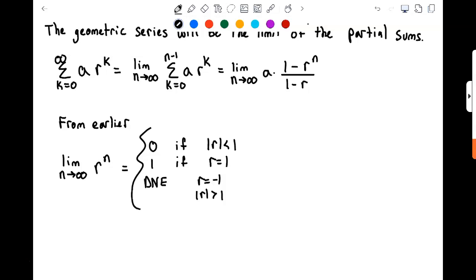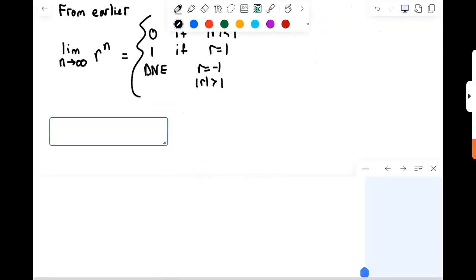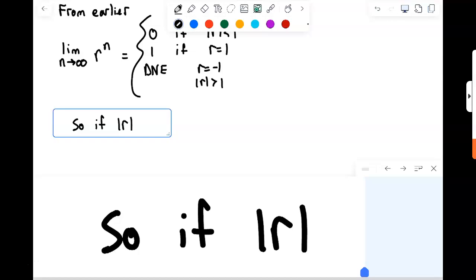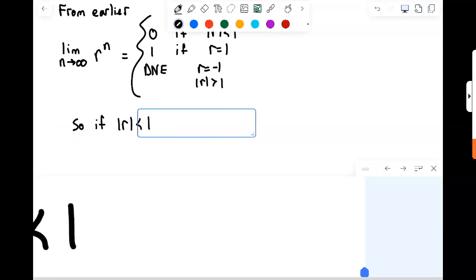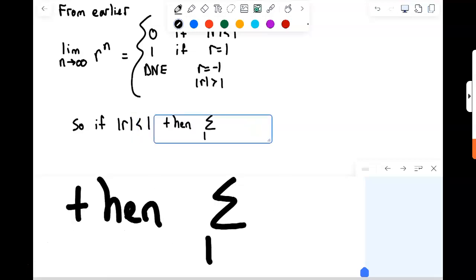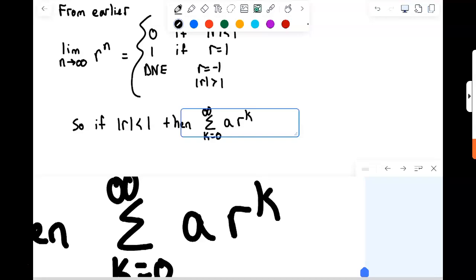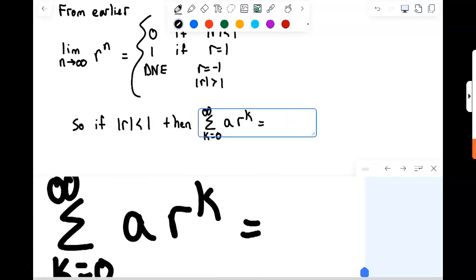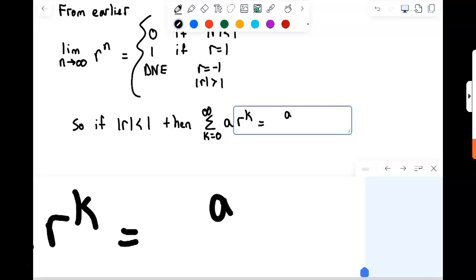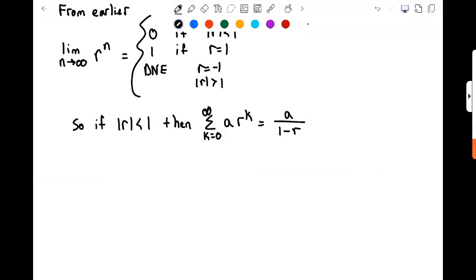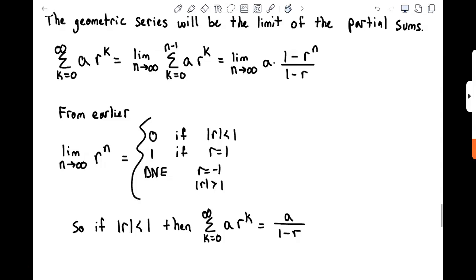And therefore, in that situation, the infinite series, k equals 0 to infinity of a r to the k, will actually converge to a over 1 minus r, because r to the n becomes 0.